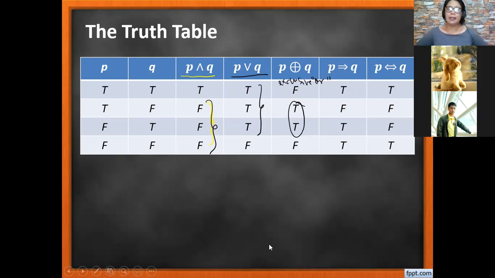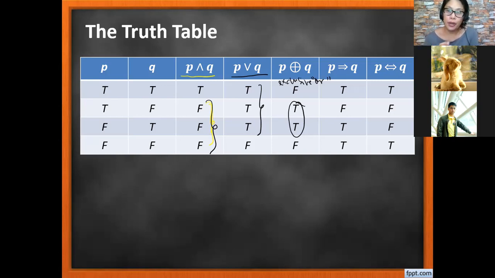Exclusive or, from the word exclusive itself. So for example, the gender has to be... gender ba? Okay, halimbawa, true or false test. You cannot answer true and false. It's either true or false only.